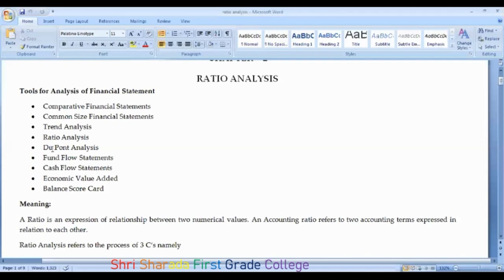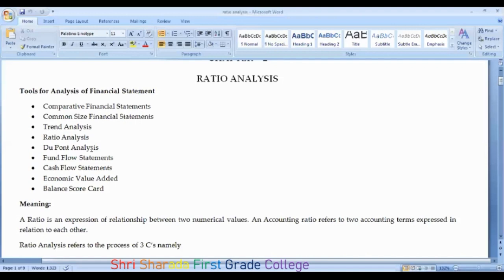One more is DuPont analysis. This is not there in your syllabus, but for the information, DuPont analysis is a model for financial ratios which is based on the return on equity ratio.